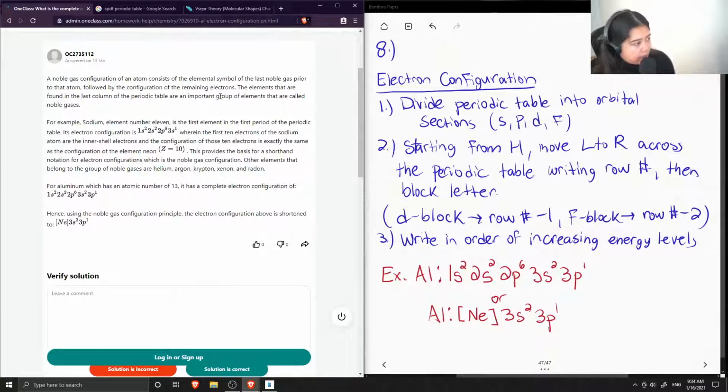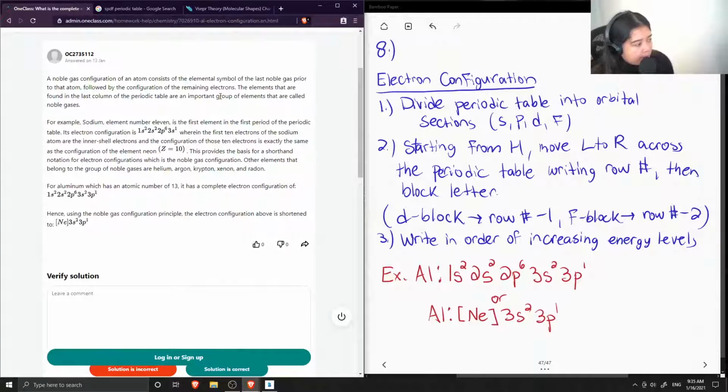For example, sodium, element number 11, is the first element in the third period of the periodic table, which has the electron configuration 1s2, 2s2, 2p6, 3s1, wherein the first 10 electrons of the sodium atom are the inner shell, and the configuration of those 10 electrons is exactly the same as the configuration of neon. So this provides basis for shorthand notation.